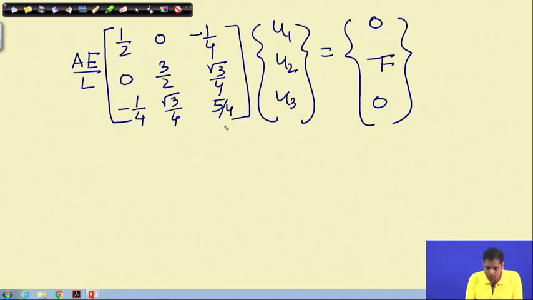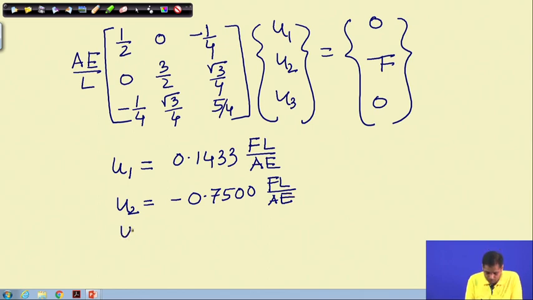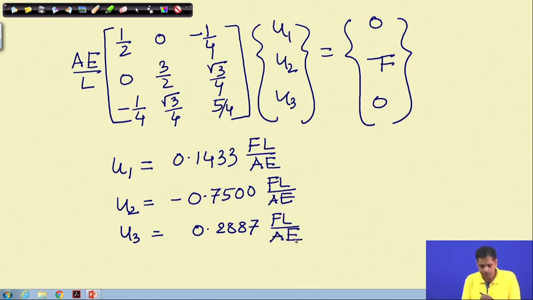Now, if you solve them, what we get is, you can check this solution, U1 is equal to 0.1433 F L by A E, U2 is equal to minus 0.7500 F L by A E, and U3 is equal to 0.2887 F L by A E. So, this is the solution of the displacement.